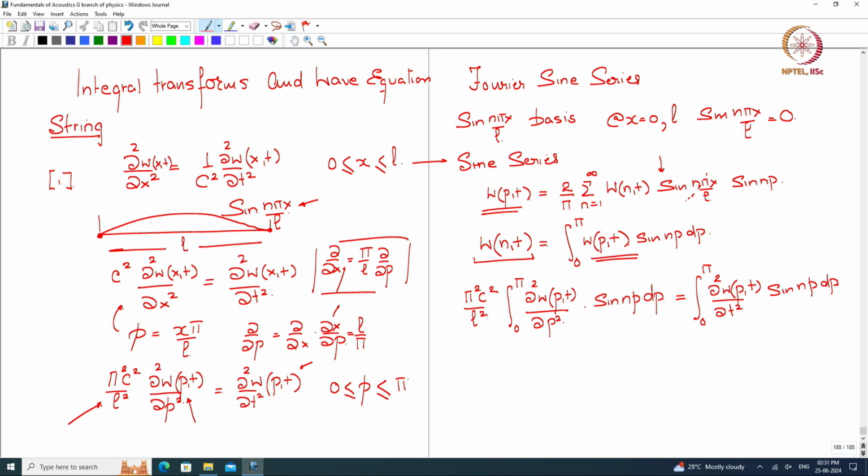Now the left hand side term, let's just take this part first. We have integral 0 to pi del 2 W(P, t) by del P square sine nP dP.